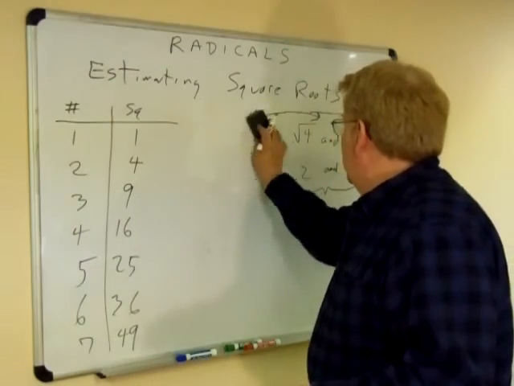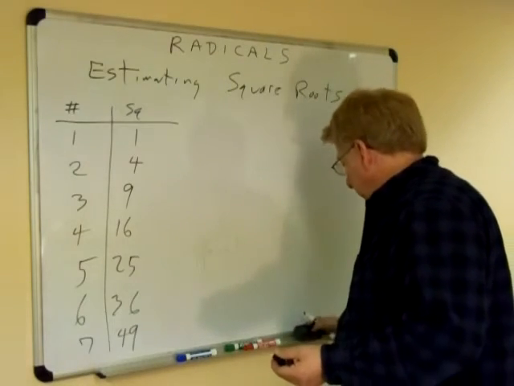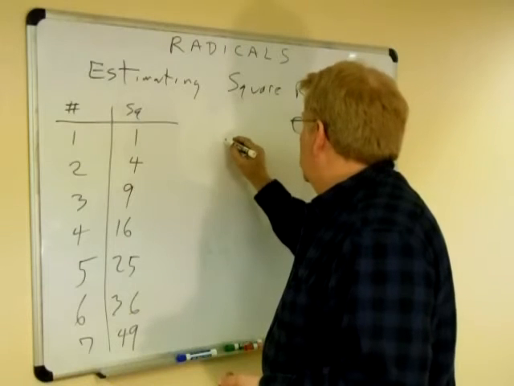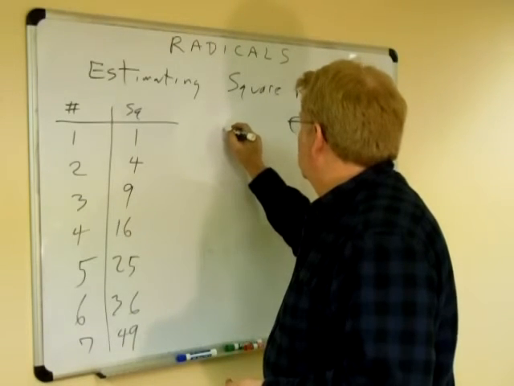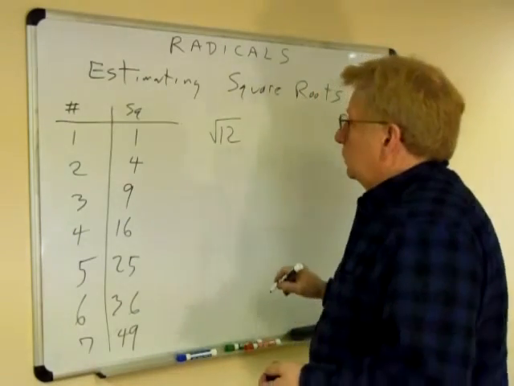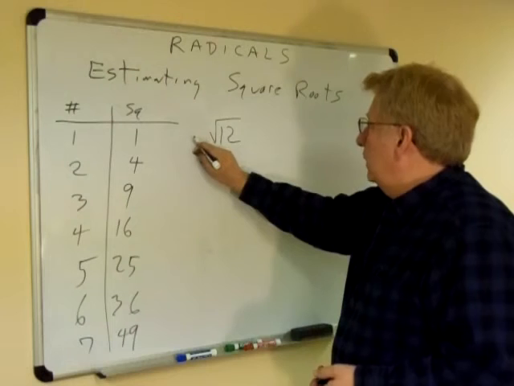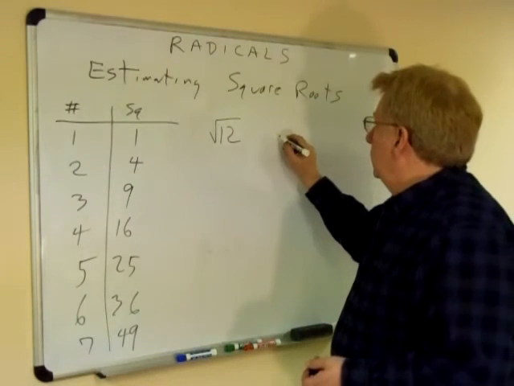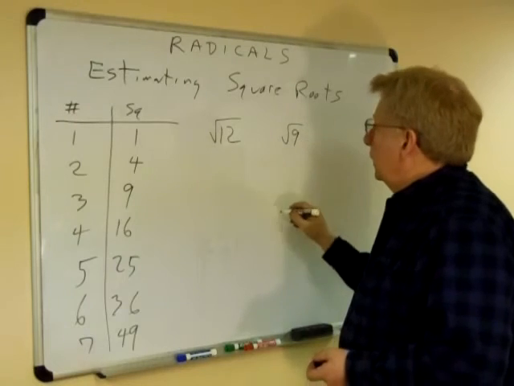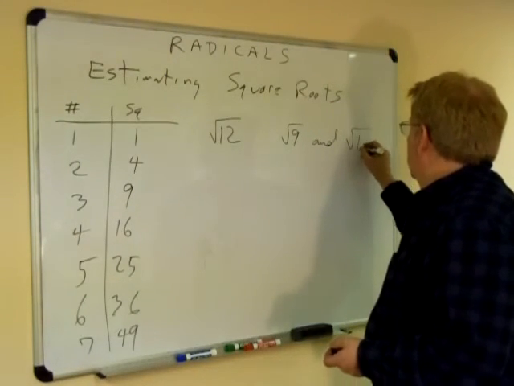Let's take another example. Take the square root of 12. So if we look at the square root of 12, we look at something that's smaller than that, that's a perfect square. So it's between the square root of 9 and something larger than that, the square root of 16.